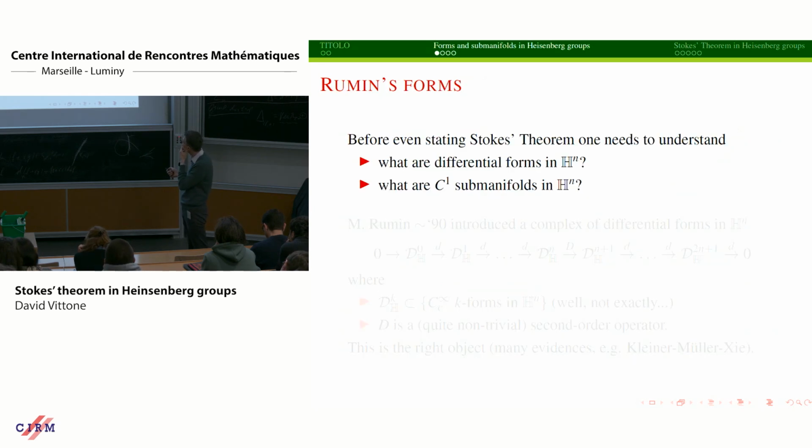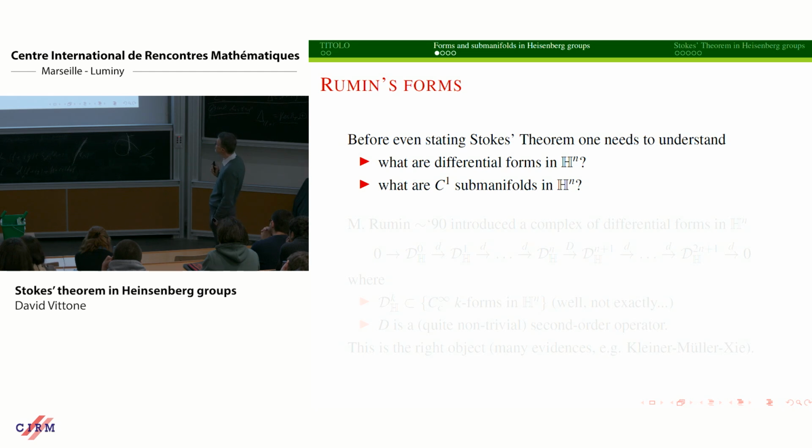So this is our setting, the Heisenberg group, and in order even to state a Stokes theorem in this setting, we need to understand what a Heisenberg differential form is, and what a C1 submanifold is in the Heisenberg group.